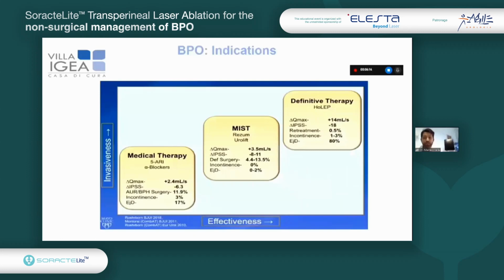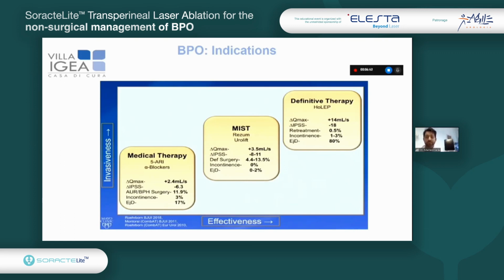This is a slide I've taken from Mayo Clinic of New York. It's quite clear that the minimally invasive surgical technique is in between a definitive technique like HoLEP, where you have an increase in Qmax of plus 14 milliliters per second, Rezum with plus 3.5, and medical therapy with plus 2.4.